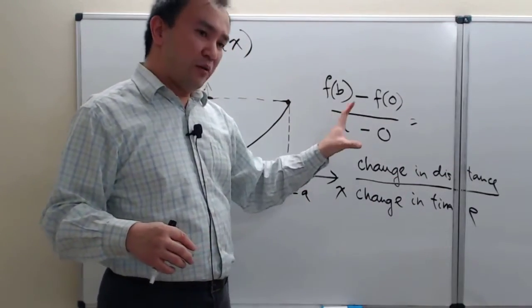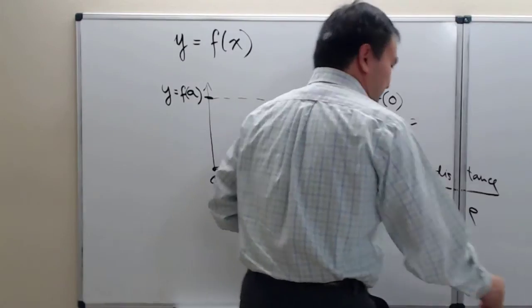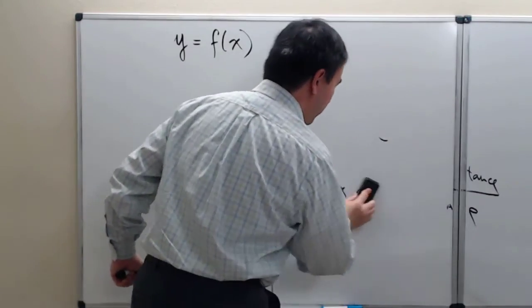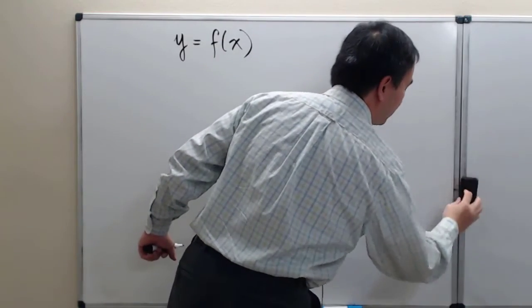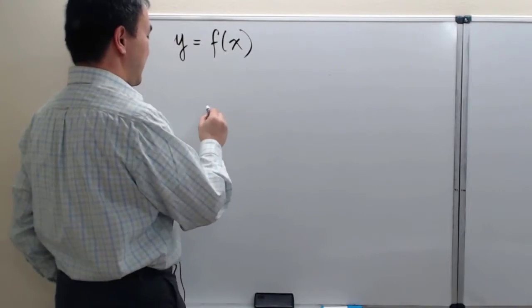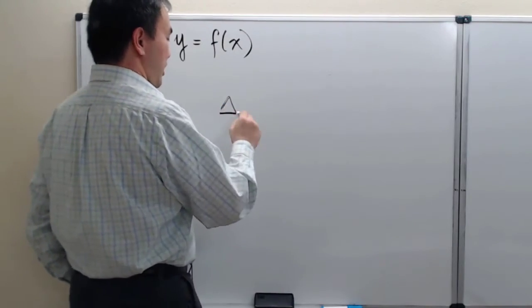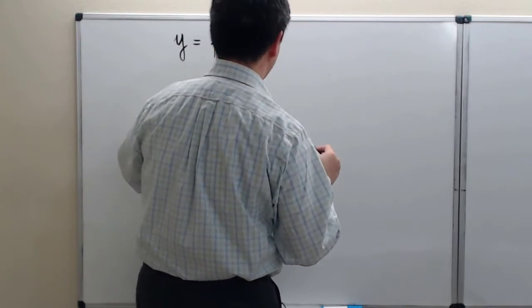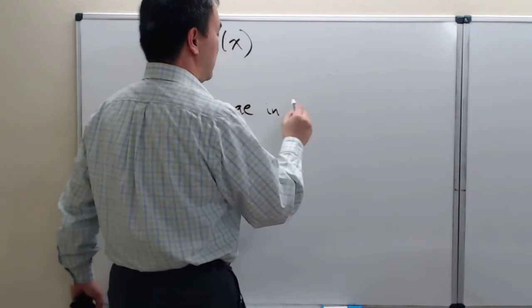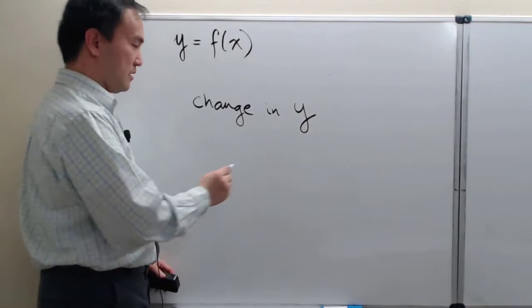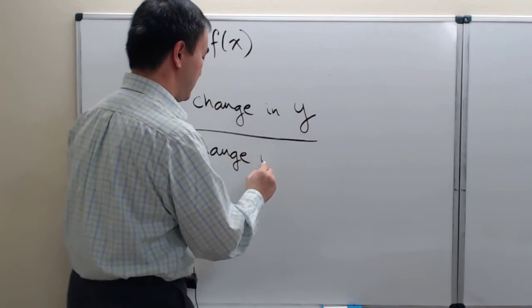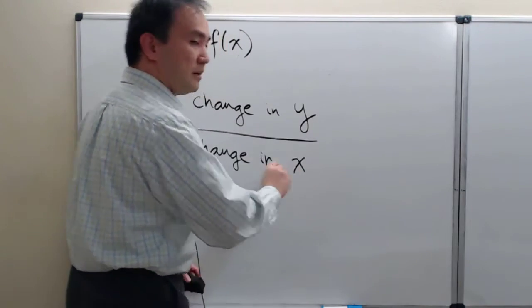But generally what we recognize now, allow me to erase the board a little bit, is that throughout the two graphs I've been doing, the idea is the change in y over the change in x.